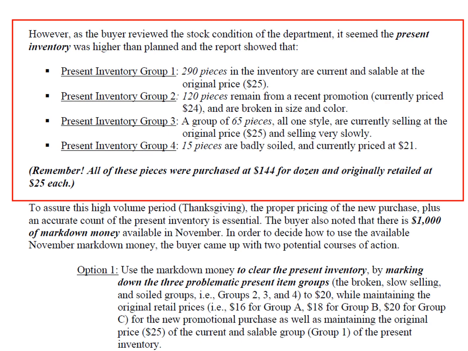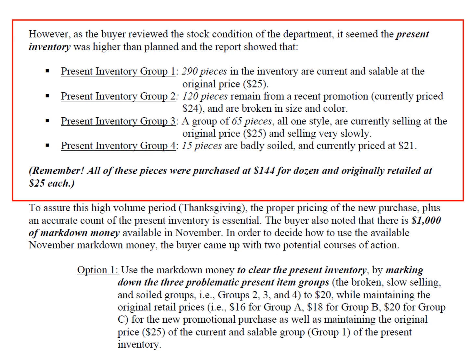Remember that all of these pieces were originally purchased at $144 per dozen, so they were part of the existing knit tops that were similar to the new promotional merchandise that the buyer newly purchased.